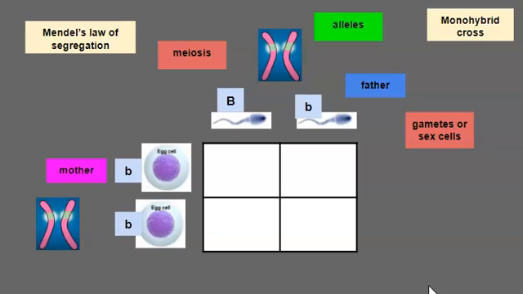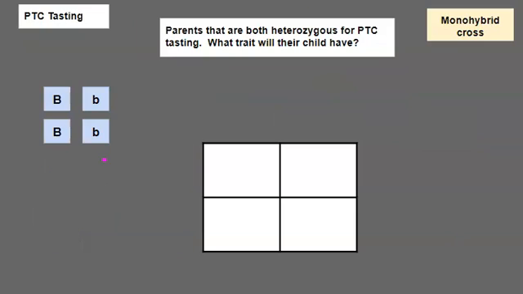Okay, so let's take a look of how to actually set up this Punnett square now that we know all this background information. So let's look at an example that we saw from the Amoeba sisters before with PTC tasting. Remember that this is a recessive trait where you could taste, the recessive version of this trait don't taste a bitterness in some types of vegetables related to like broccoli, Brussels sprouts.